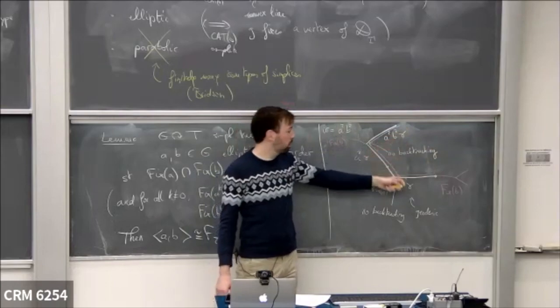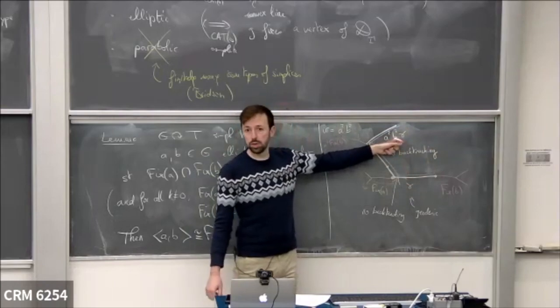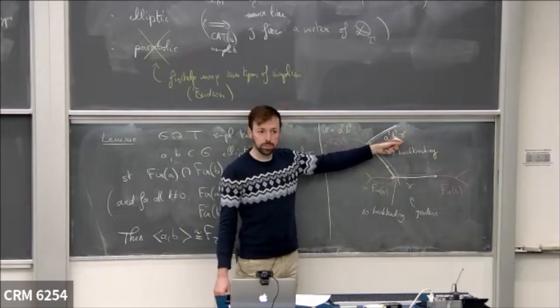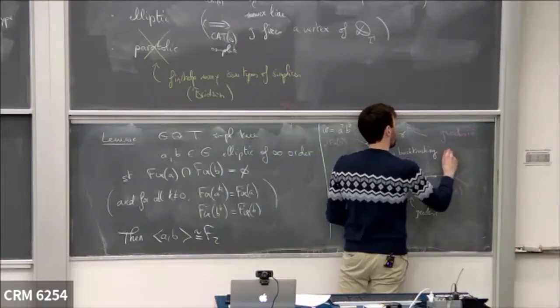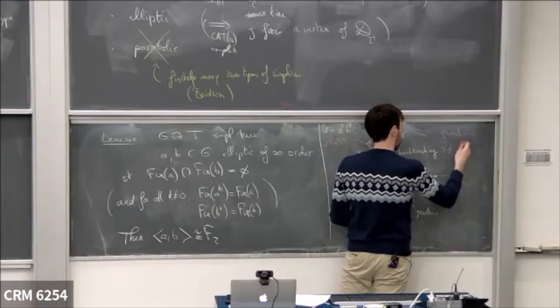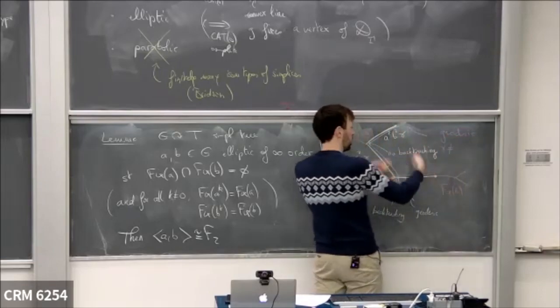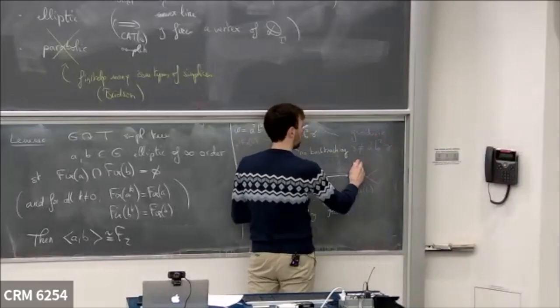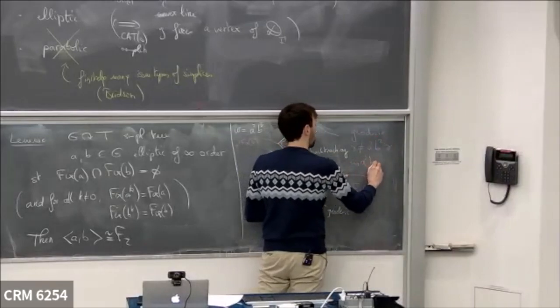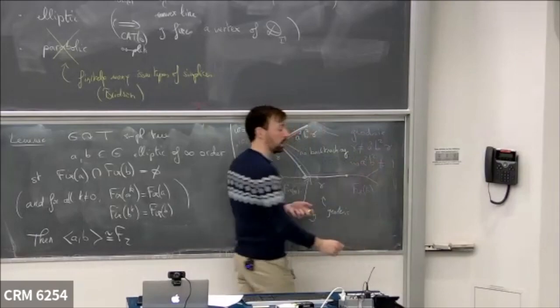In particular, gamma is different from A squared B squared gamma. The initial segment is distinct from the terminal segment, and that proves that A squared B squared is different from the identity.